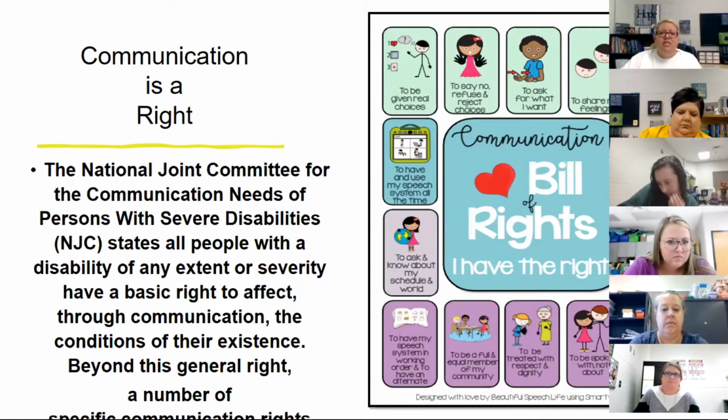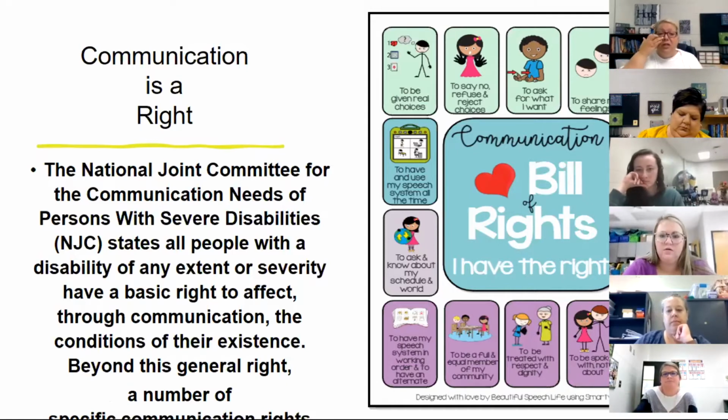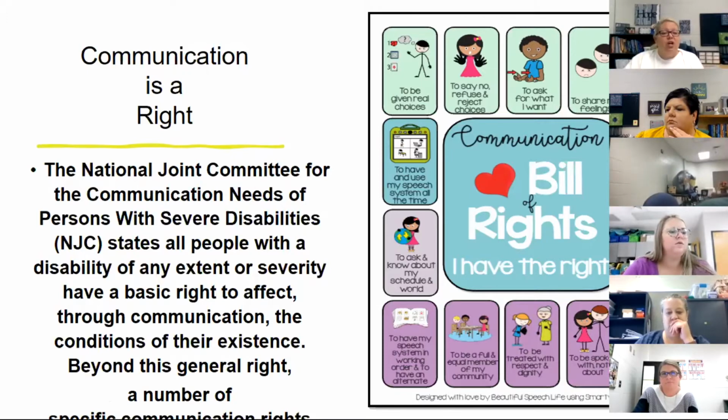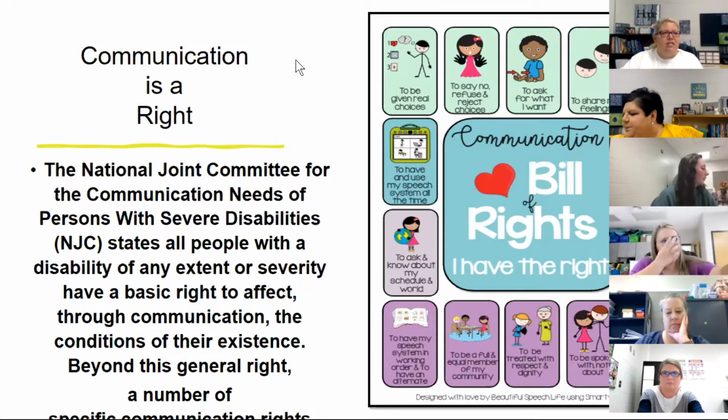And you can just post this in your room and hopefully have conversations, you and the staff in your classroom, and everybody's on the same page, in knowing that every single person has the right to communicate, no matter how low or how physically involved they are. Every child has a right to communicate.